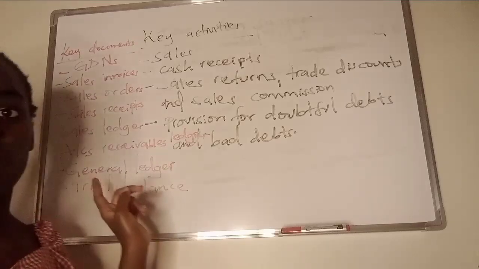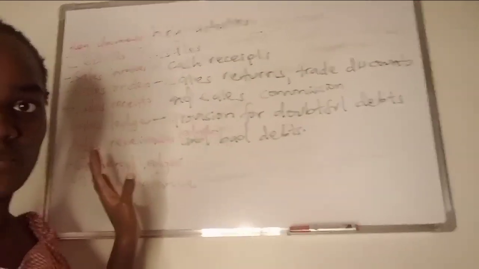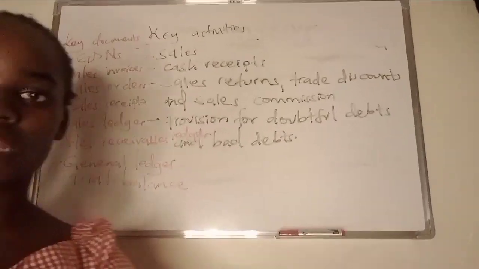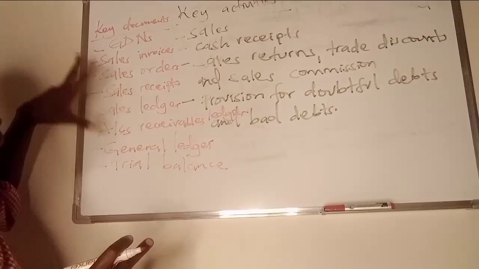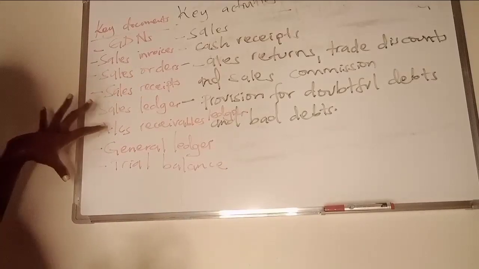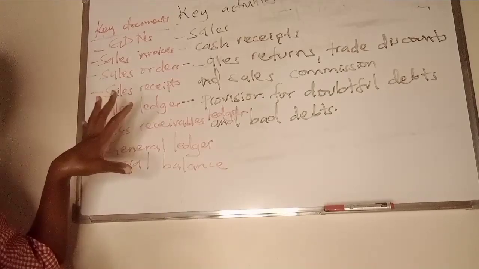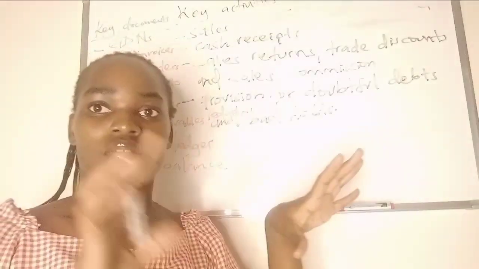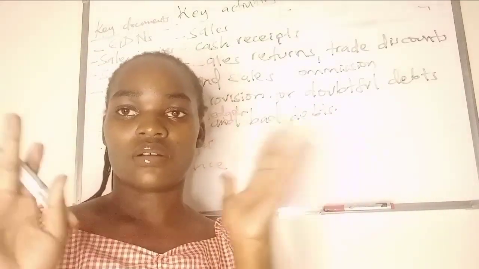There are very many documents used in the sales system, but for a start, let's use these ones, which are the key ones: the goods delivered notes, sales invoices, sales orders, sales receipts, sales ledger, accounts receivable, general ledger, then trial balance. They will help you when you're answering questions about sales. We are going to see how they help us.